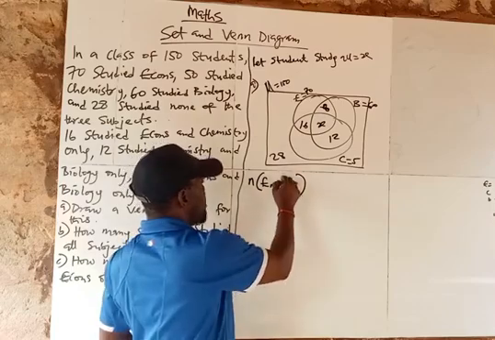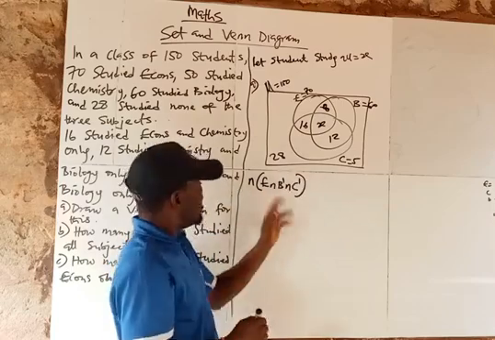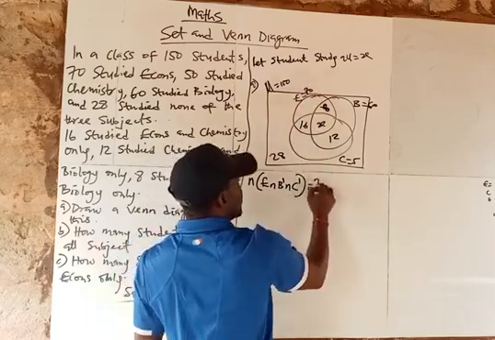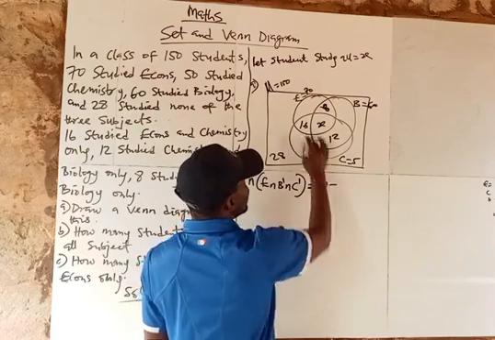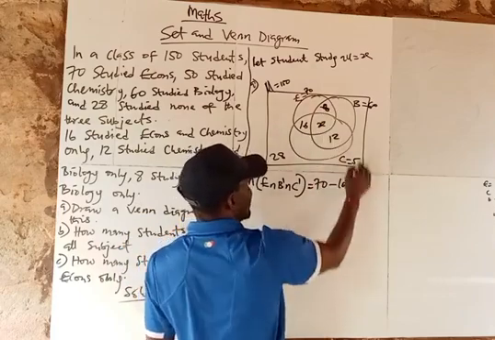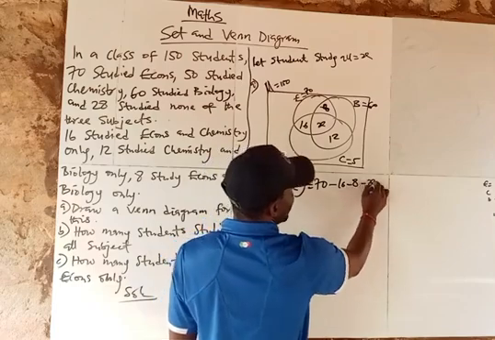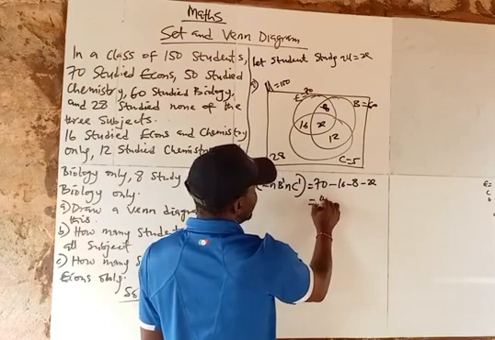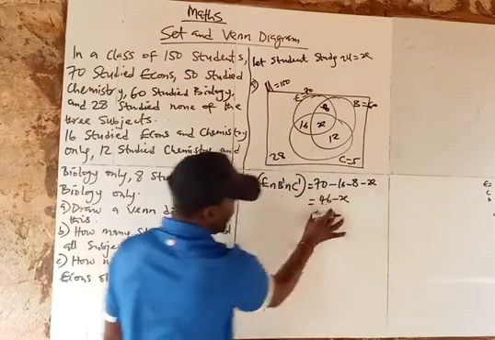So we put prime here, prime, prime. That's to say they are not included in this one. It will become the number of economics minus 16 minus 8 minus x. So at the end of the day, it becomes 46 minus x. That is for economics.